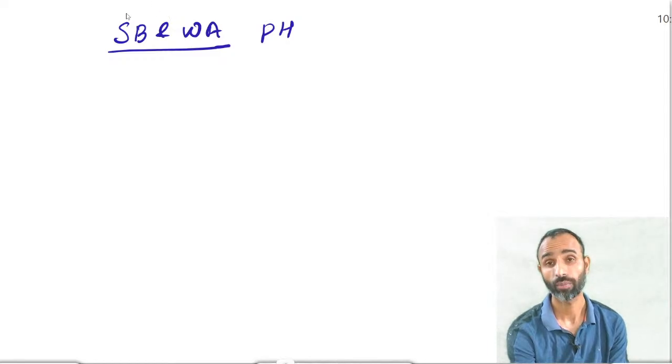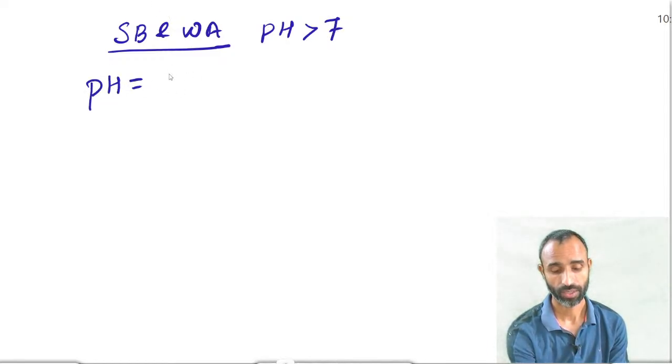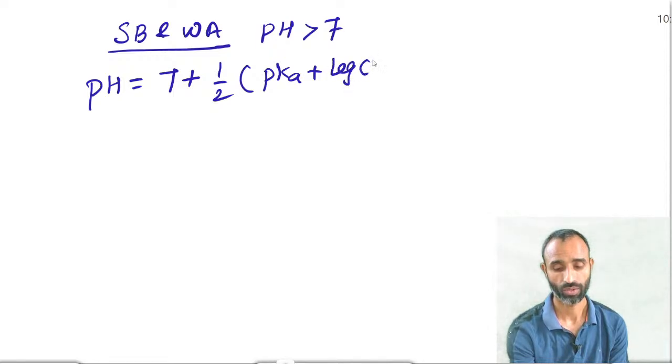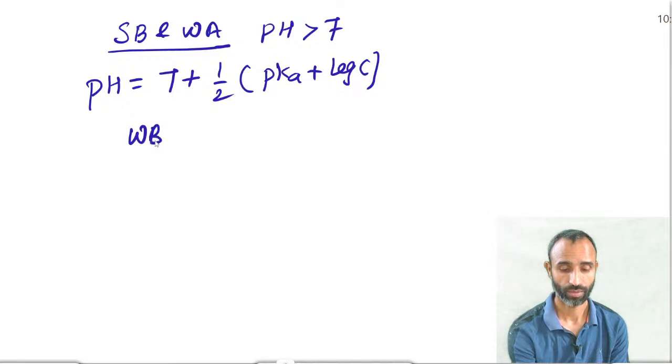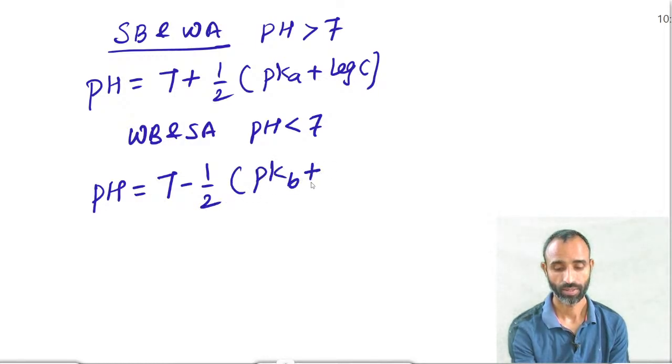Obviously the strong base will decide. pH is greater than 7, and pH is equal to 7 plus half pKa plus log C. If it is a salt of weak base and strong acid, obviously pH is less than 7. So in this case, pH is equal to 7 minus half of pKb plus log C.